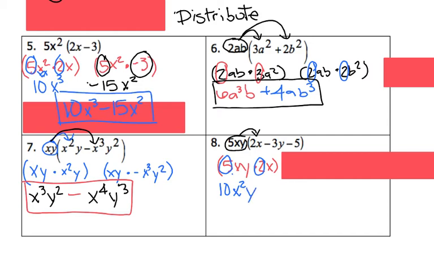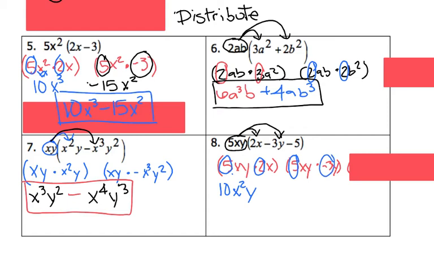Next, we have 5xy times the negative 3y. All right, so hopefully we notice 5 times negative 3 results in a negative 15. We have only 1x, and we have 2 y's. All right, now on to the last one, 5xy times negative 5.